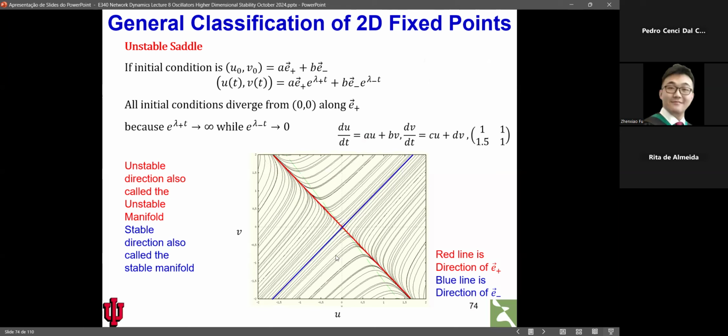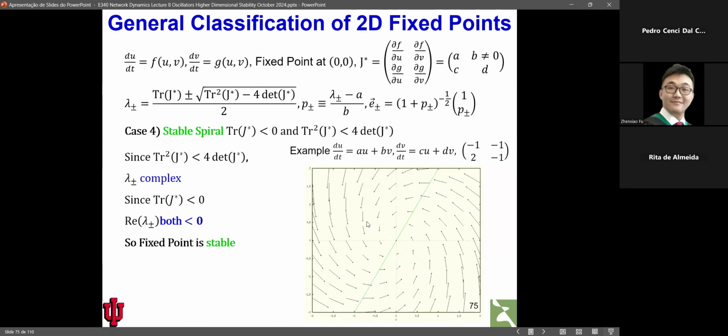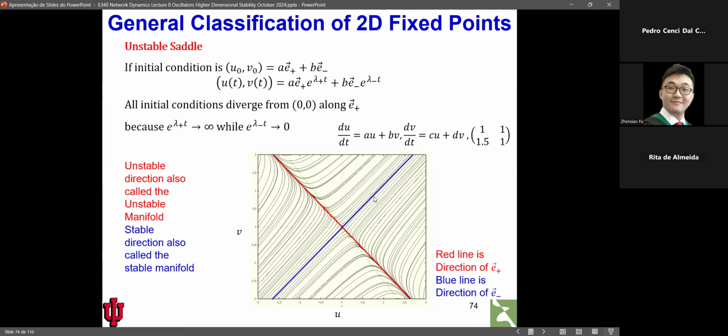And so you have something like this. It goes, because lambda plus goes to infinity and lambda minus goes to 0. You see, in the direction of lambda minus, this thing is going to 0, and then it goes to infinity.